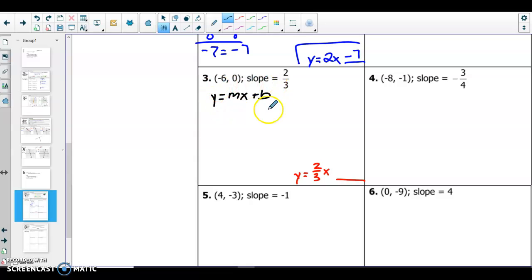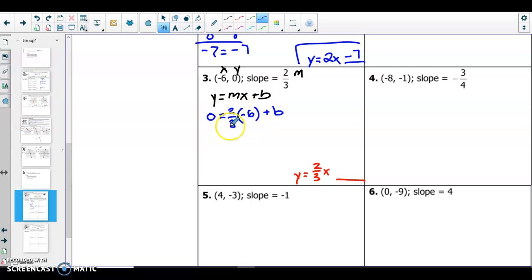You can skip writing it out if you feel comfortable enough already. And these are my x, y, and m values. So I will go to plug them in. Y is 0 this time, equals our slope of m, which is 2/3, times x, which is -6, plus our mystery b value, which we're going to find in just a second.